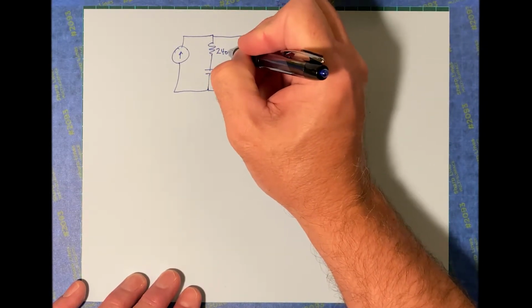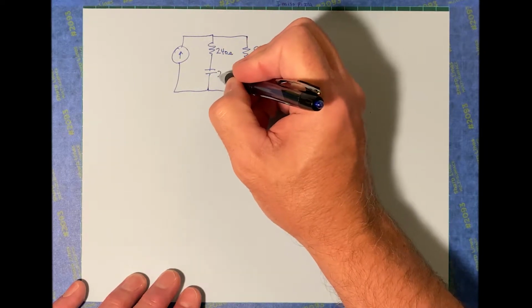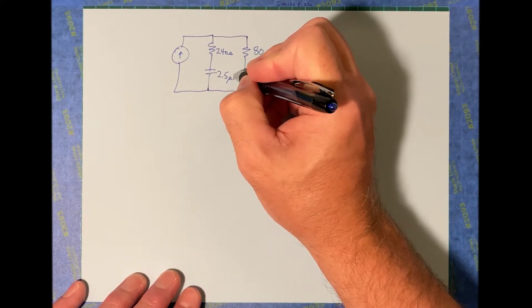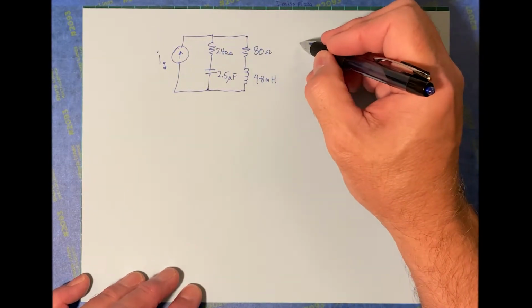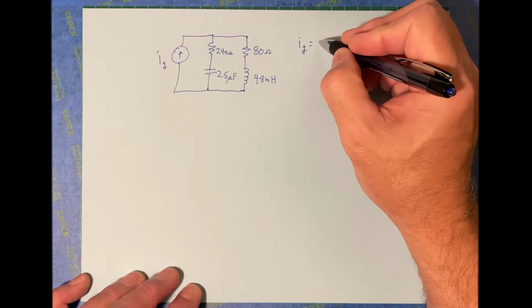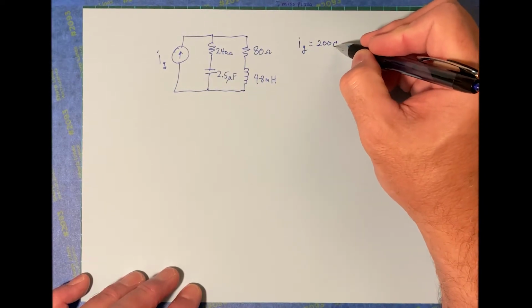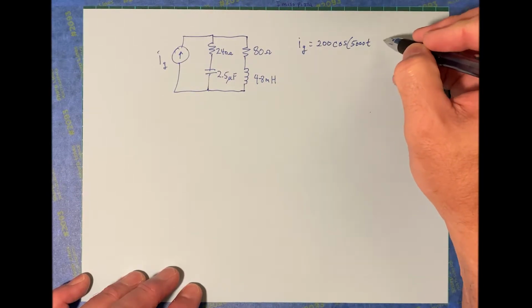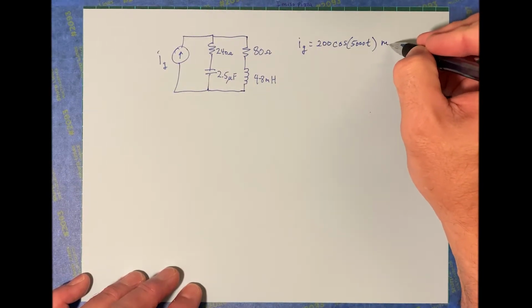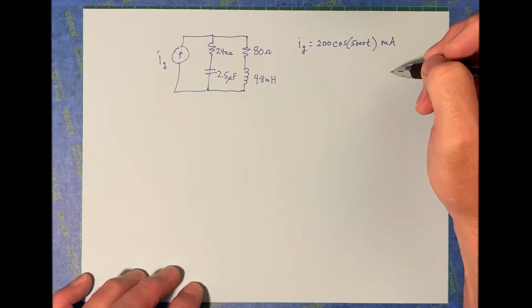This is 240 ohm, 2.5 microfarad. And this is our I sub G, where I sub G is 200 cosine 5000 t milliamps. All right.